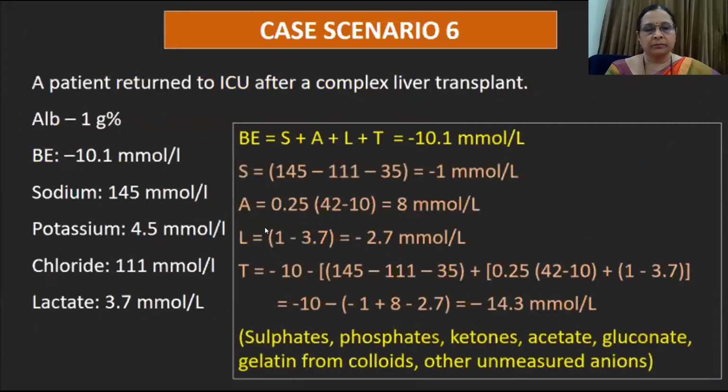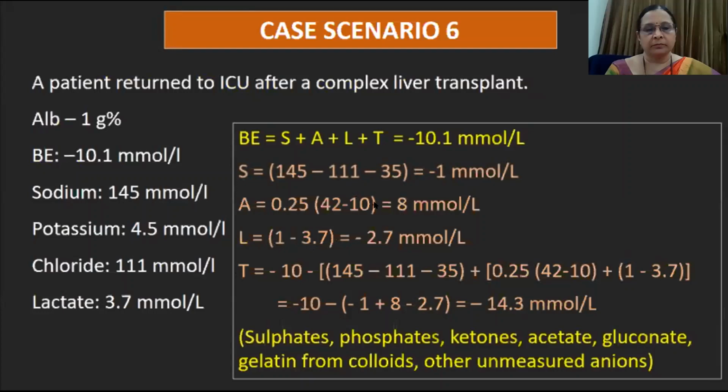Then the albumin excess will be equal to 0.25 into 42 minus 10. So this will be equal to 8. Right. Now lactates will be equal to 1 minus 3.7, which is equal to minus 2.7.